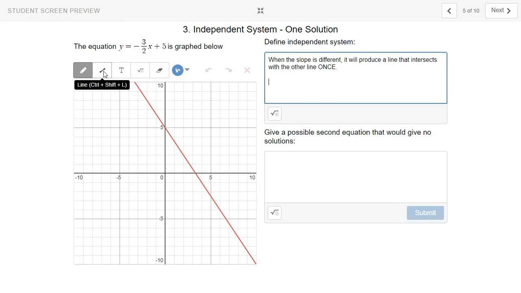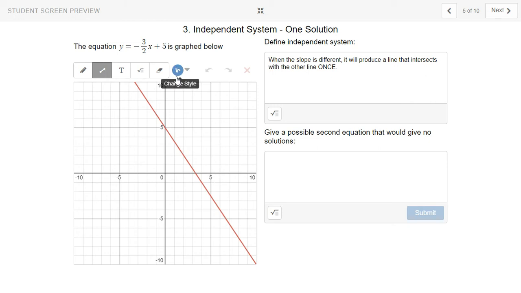So let's say I have a line that looks like this. This line is y is equal to x.